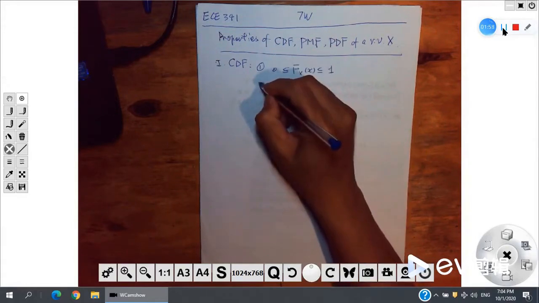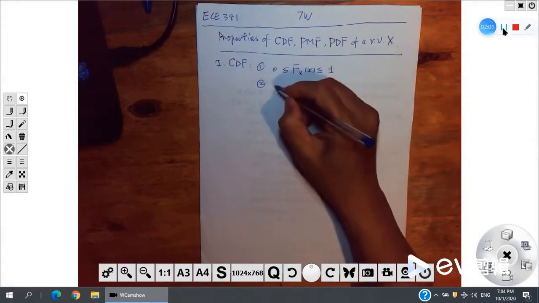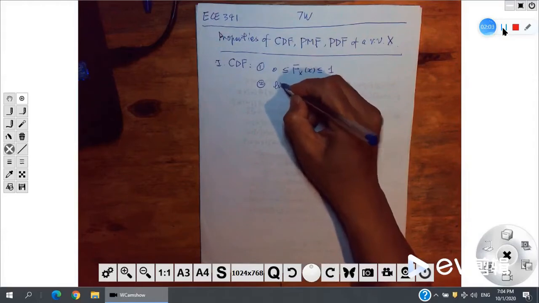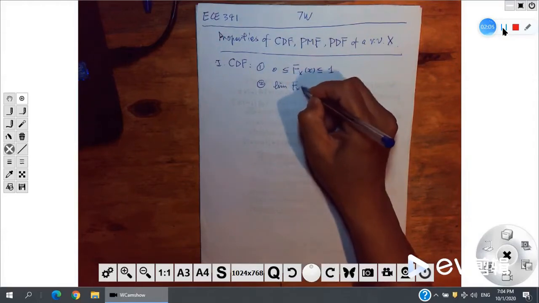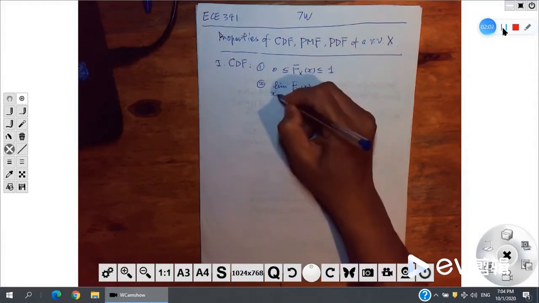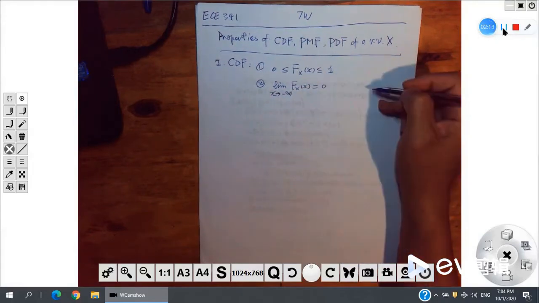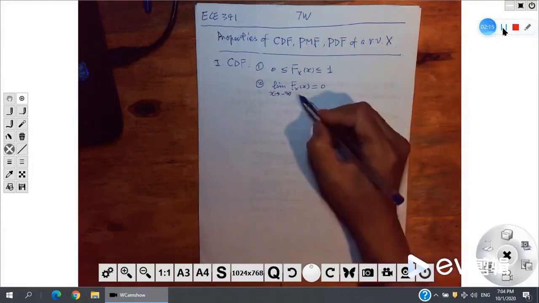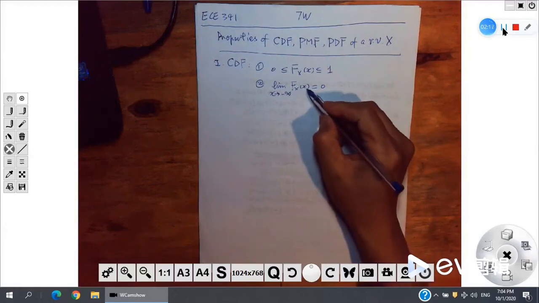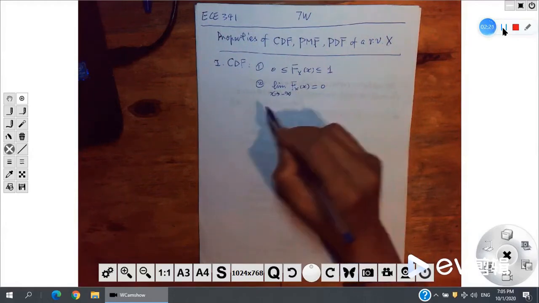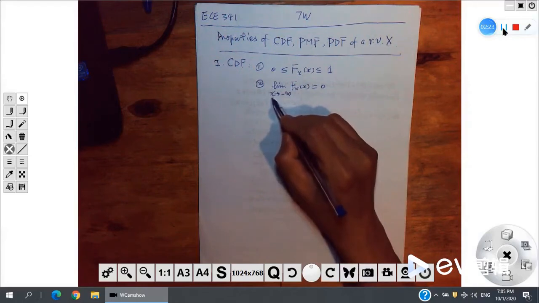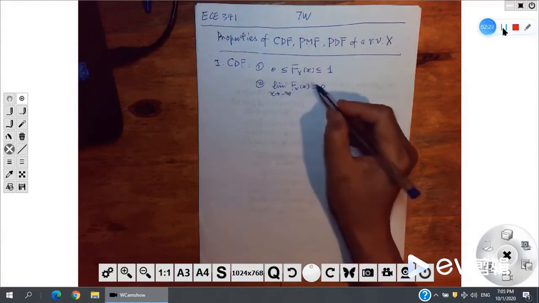Second thing, we consider the limit of F_X(x) when x goes to negative infinity. This will be 0. In other words, F_X(x) will be 0 for small x. When x is small enough, the value will be 0.